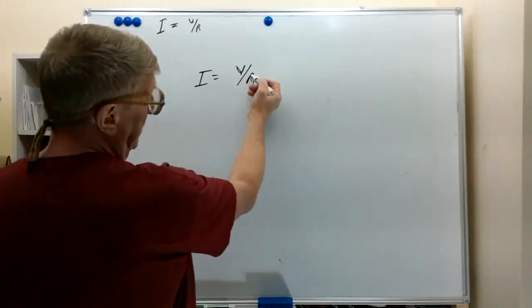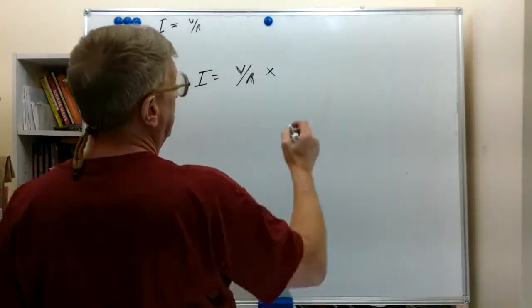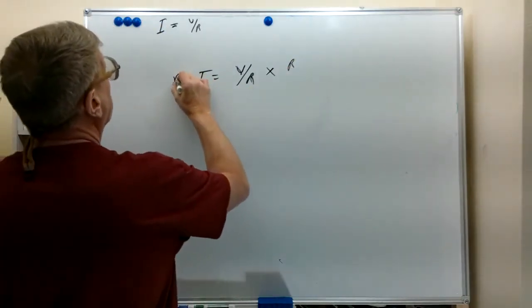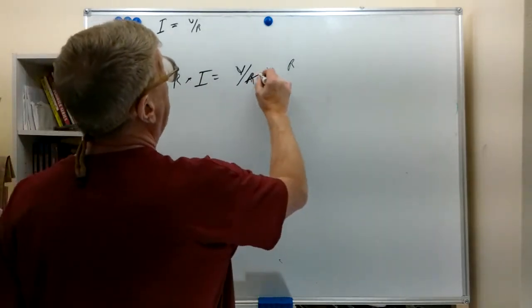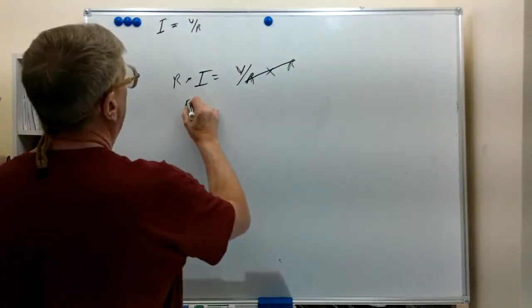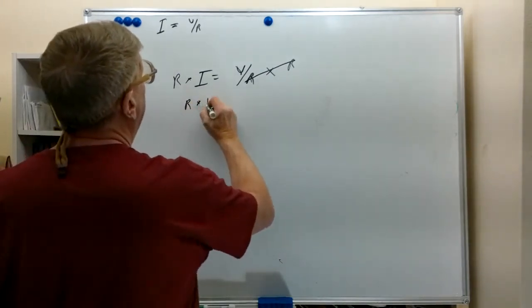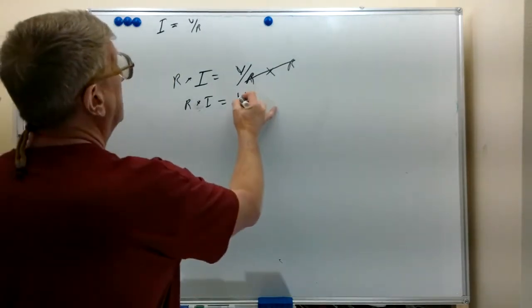The resistance is on the bottom of the fraction, the denominator, so we'll multiply this times R. I'm going to put a little cross here, so these will cancel, leaving R multiplied by I equals voltage.